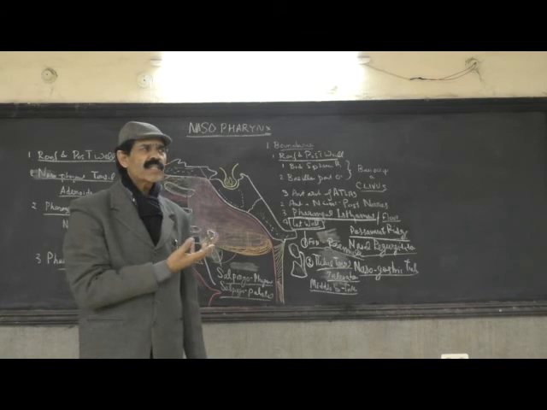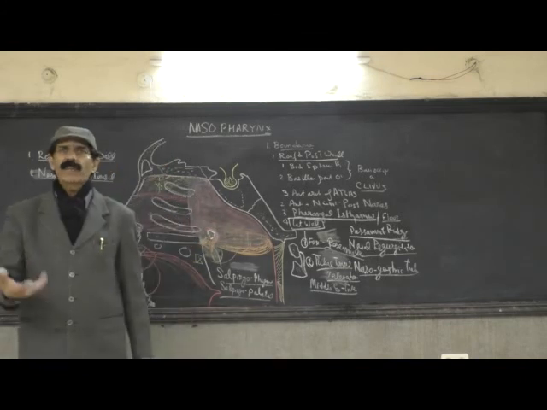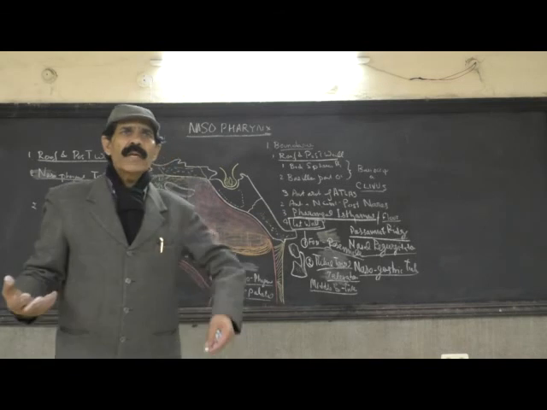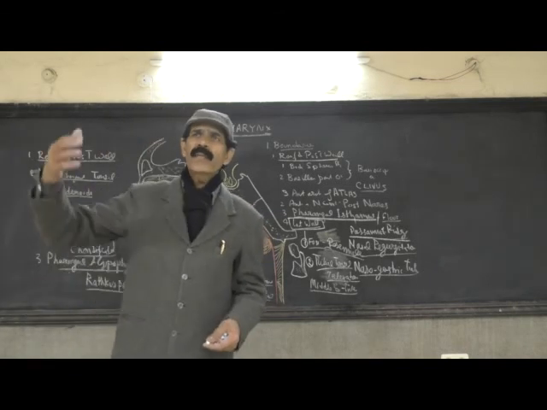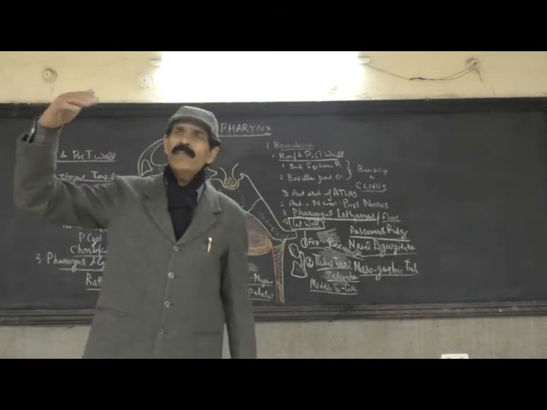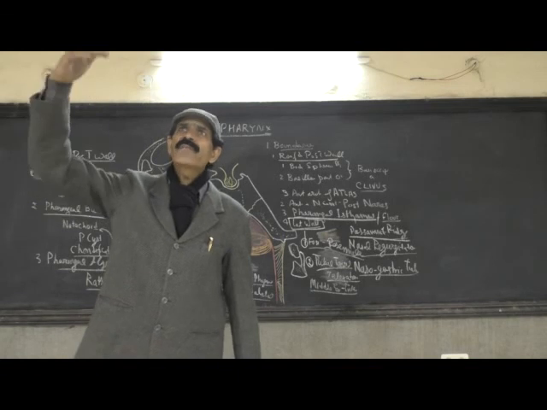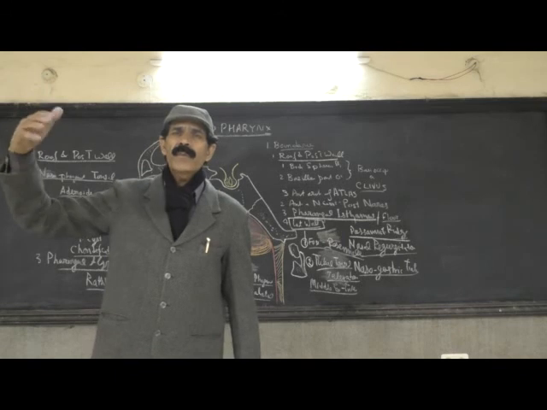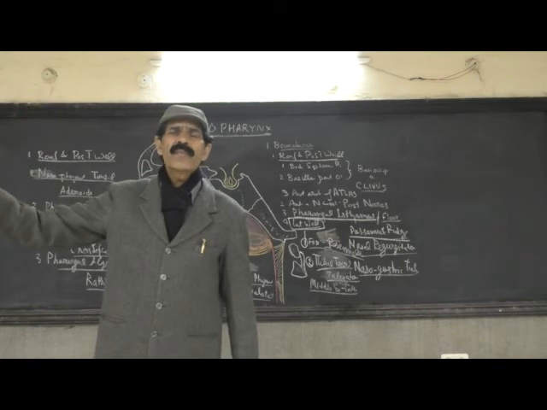It is also experienced during the aeroplane ride. So whenever we go into the aeroplane, when it comes from the height, the atmospheric pressure decreases when we go up. Because we know atmospheric pressure is about 760 mm of mercury.